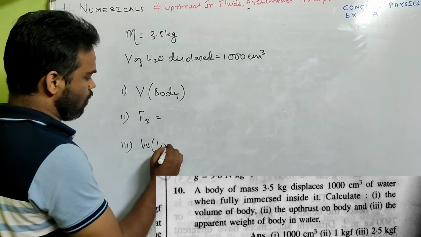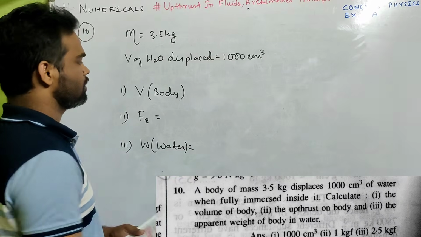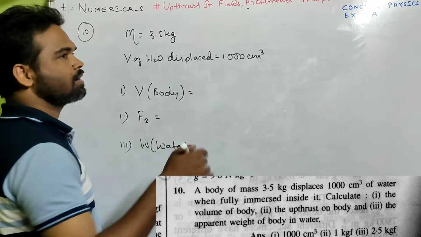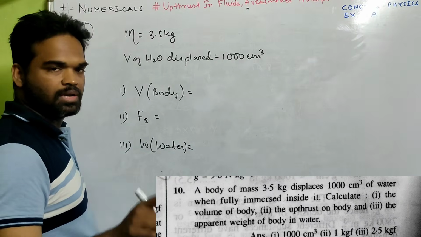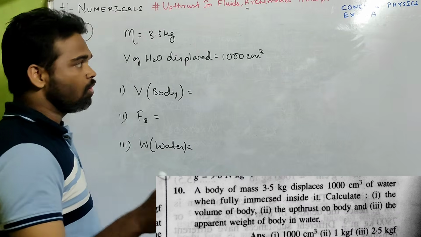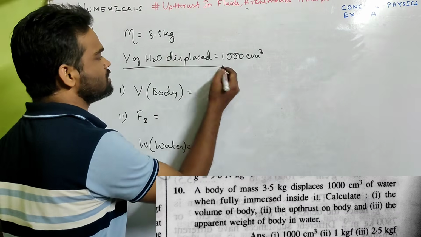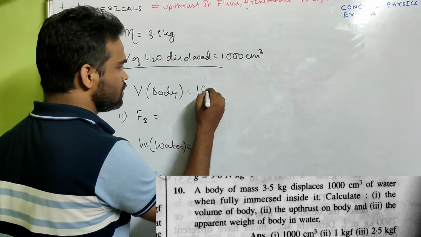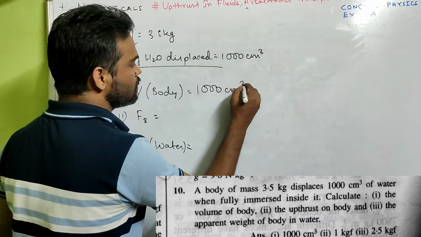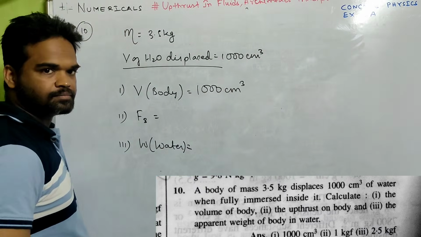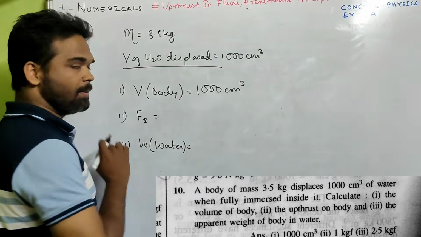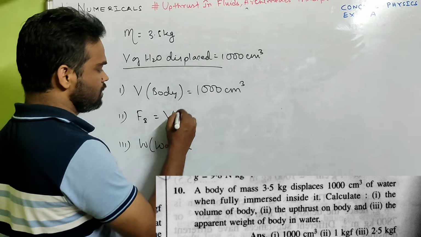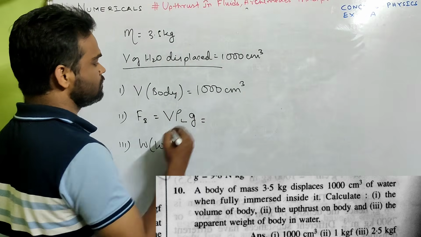First of all, when the body is completely immersed in water, the volume of the body and the volume of the liquid displaced will be same, which is, volume of the body is 1000 centimeter cube. Done. Now, upthrust is V rho L g.